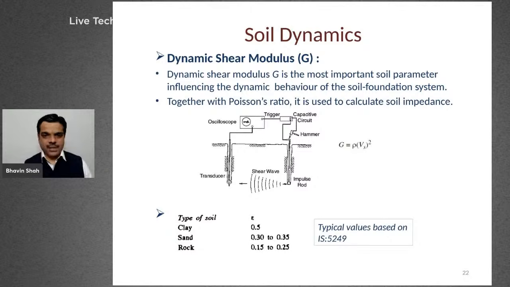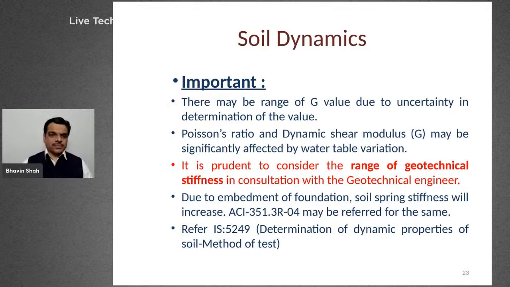And together with the Poisson's ratio, it is used to calculate the soil impedance, or the soil spring values. So here on the screen, you can see certain values of Poisson's ratio for the different kinds of soil, which is given in IS 5249. Now, it's a very interesting slide that there may be a range of G value to be considered due to uncertainty in determination of this value.